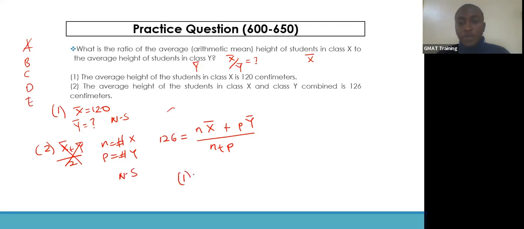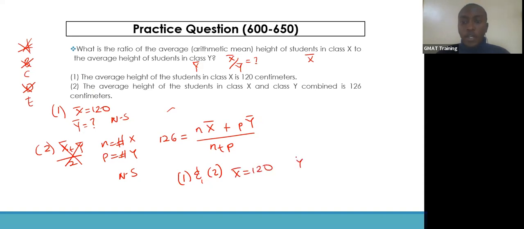Let's combine both statement 1 and statement 2. 1 wasn't sufficient, so A and D are out. 2 isn't sufficient, so B is out. So we have to find out if together they can be sufficient, or if they can never be sufficient even when the statements are combined. We know from 1 that X bar equals 120.